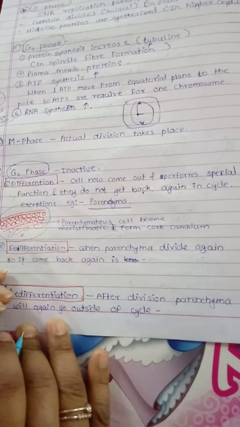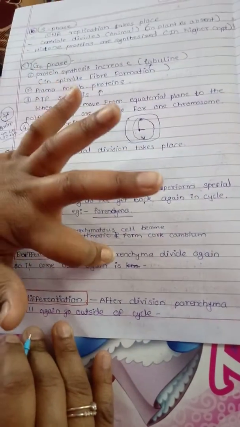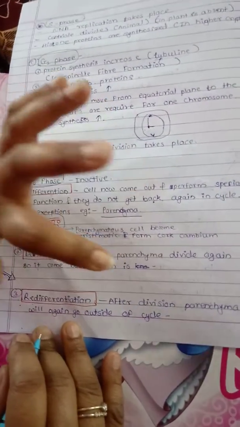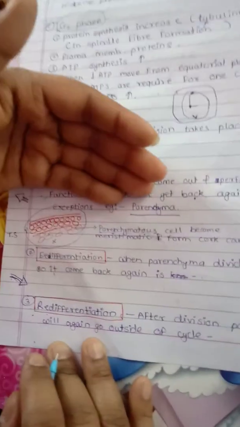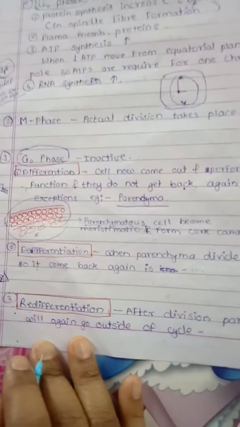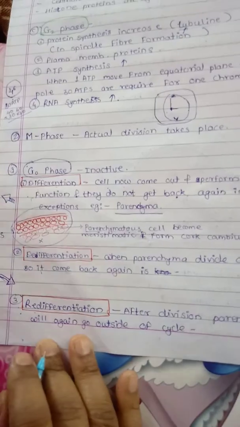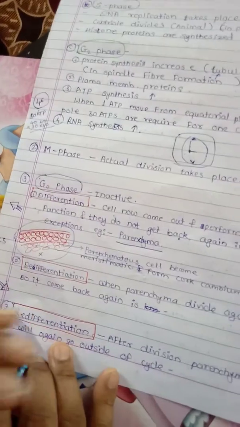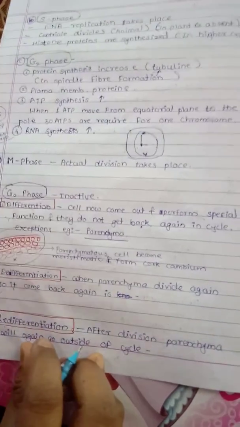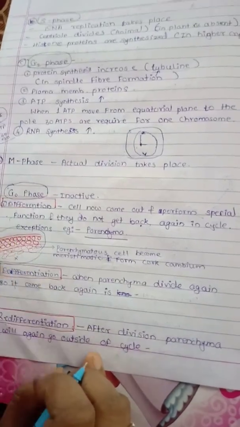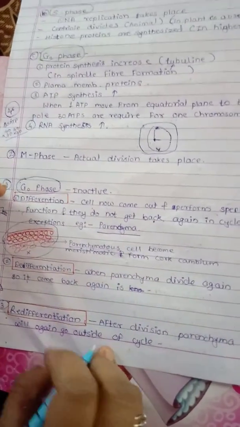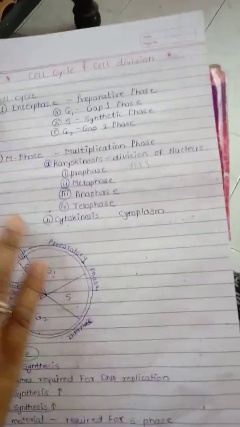Then if the parenchyma again goes outside from the cell cycle, it is known as redifferentiation. So students, this is the end of our topic, cell cycle.